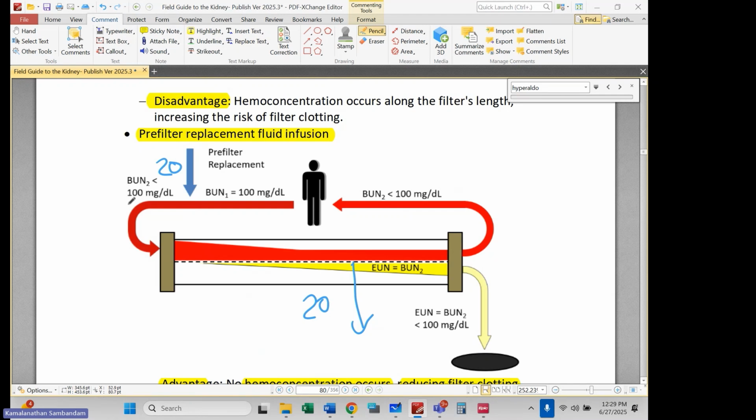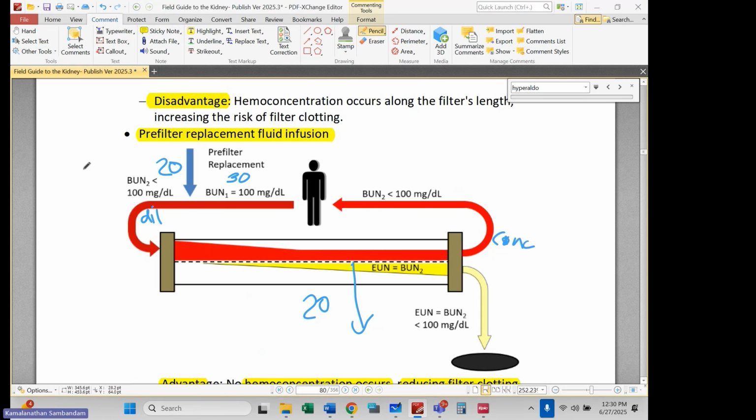All right, it is true that I become dilute here, okay? My hematocrit drops. I'm diluting. And then I'm concentrating here. That's true, okay? But I'm not having a net change in hemoconcentration, right? Because if I sampled a hematocrit here, it might be 30%.